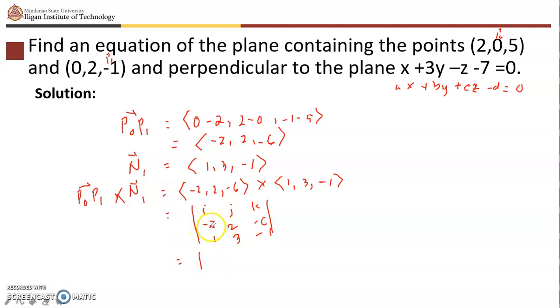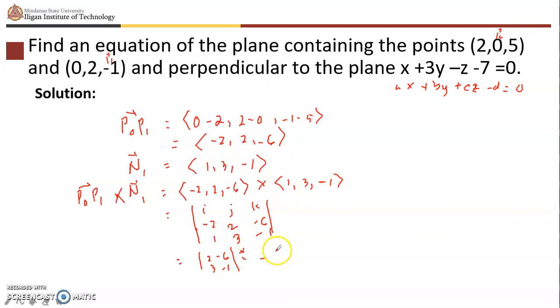the determinant of 2, negative 6, 3, negative 1, i, and this is always a minus.